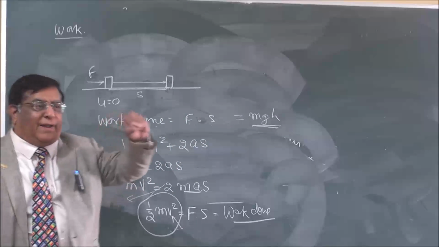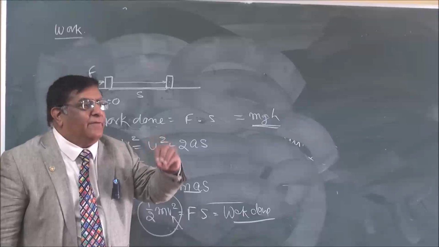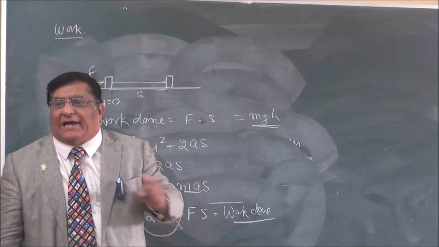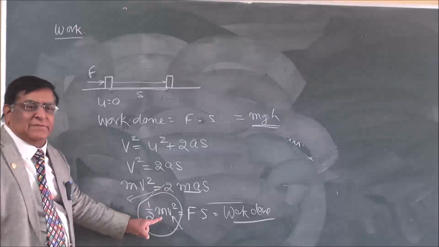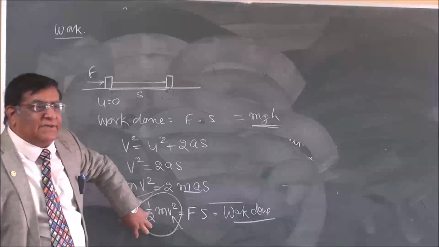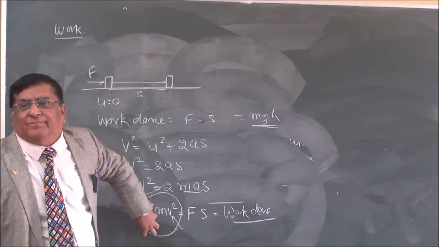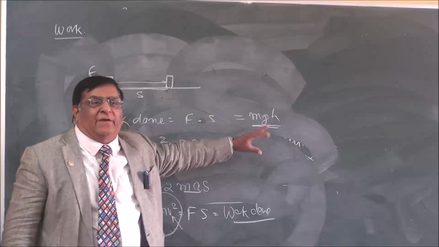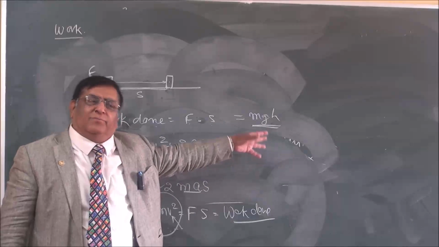So work done on a body, that is giving storage to a body, can be expressed either in the kinematic terms or in the static term, height. If we convert it into this, we give it a name, kinetic energy. If we convert it into this format, we give it a name, potential. Both are same.